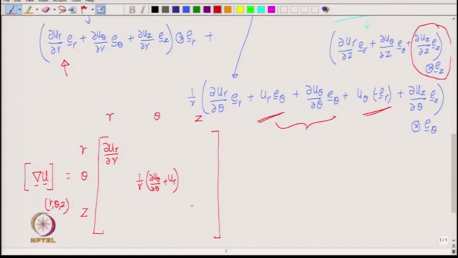So, we will write it as del u z over del z. Okay. Now, what would be present at this cross? You see, this is first row second column. So, this corresponds to E r tensor product E theta, right.